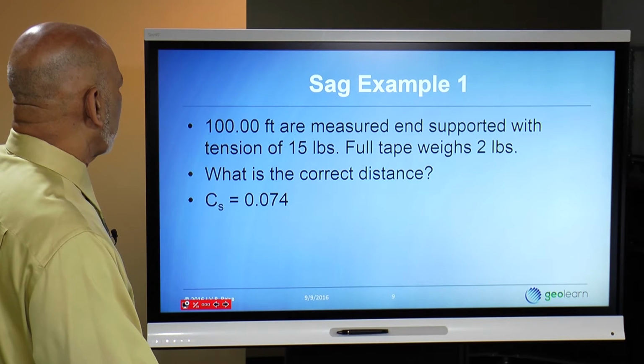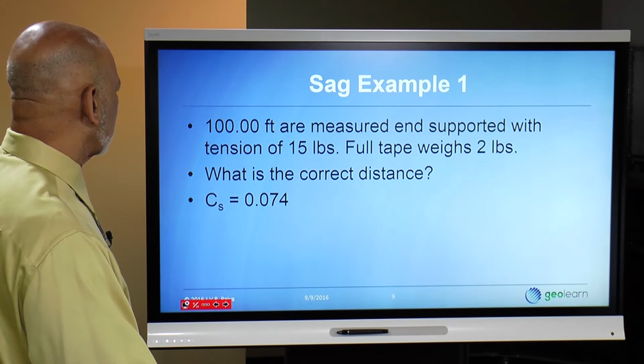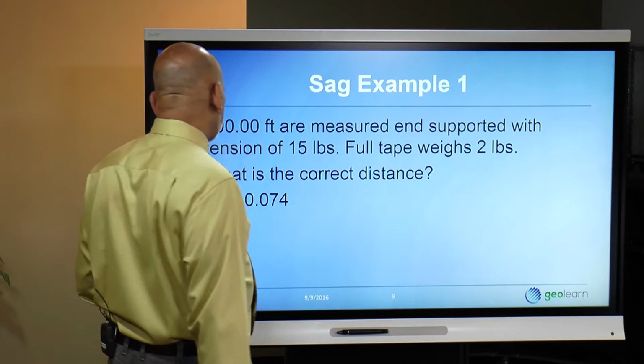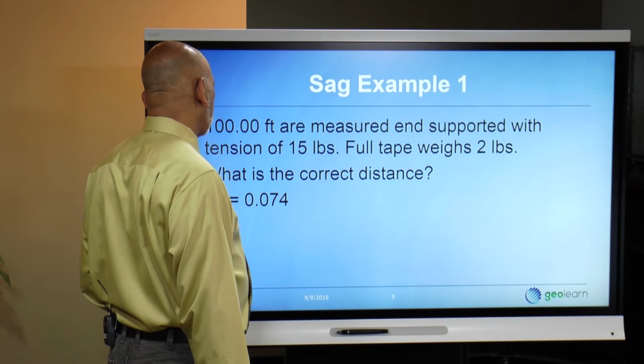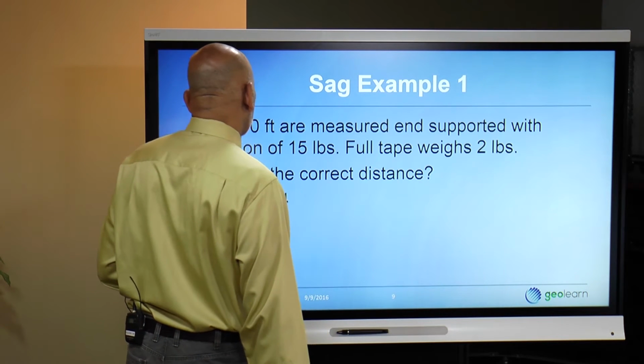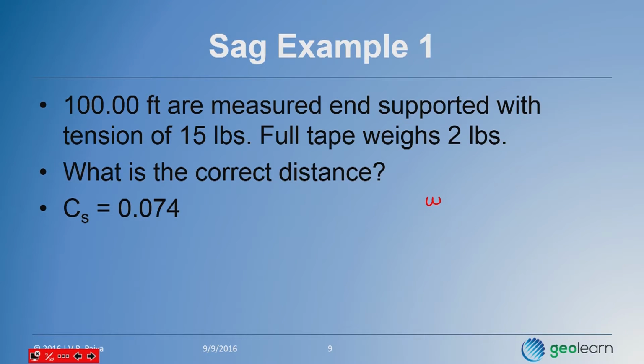So 100 feet are measured, end supported with a tension of 15 pounds. The full tape weighs 2 pounds. What is the correct distance? So substituting into this equation, W squared L cubed. So in this case, little w is 0.02.